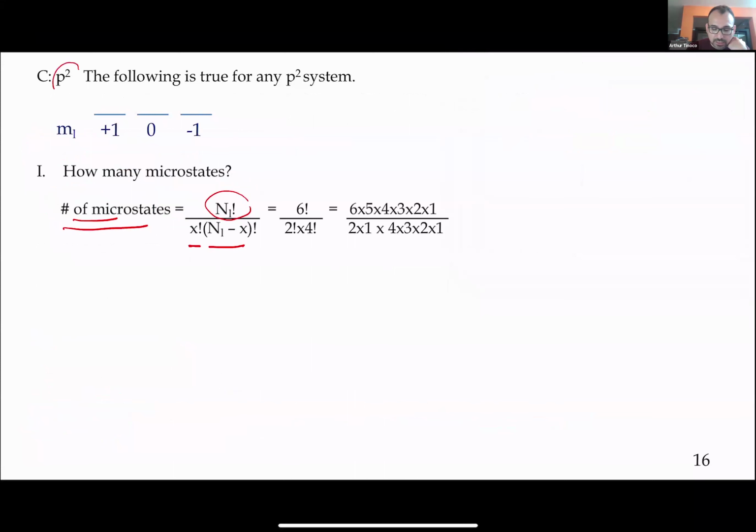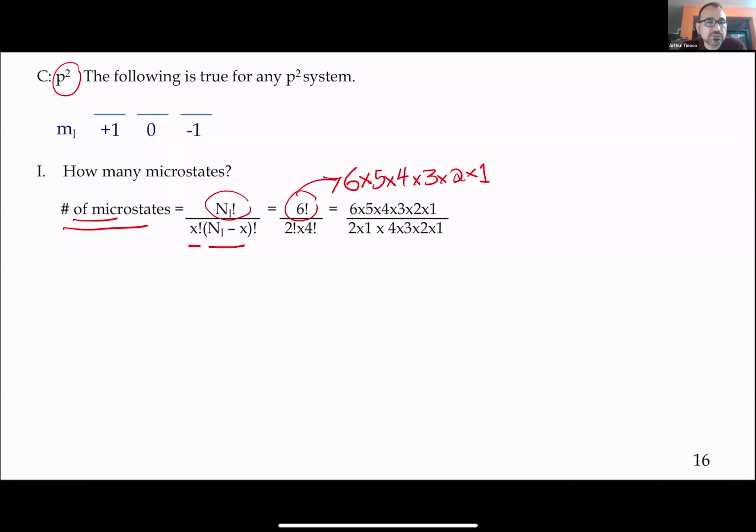We have a system that's p2, and so N sub l is actually 6 factorial, because 6 is the maximum number of electrons that can go into the 3 p orbitals. So 6 factorial, we do the math. So 6 factorial is 6 times 5 times 4 times 3 times 2 times 1. Okay, I already have it on the slide, but I wanted to write it out just to show you where this actually comes from.